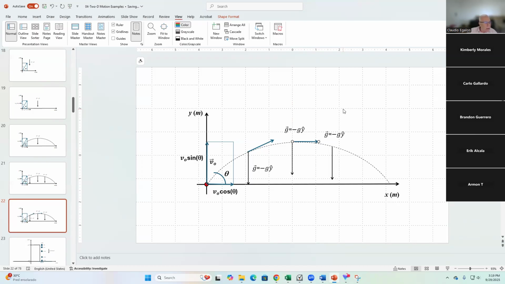V naught back there, right? And so on, there is a velocity vector here, here, here, all along this.